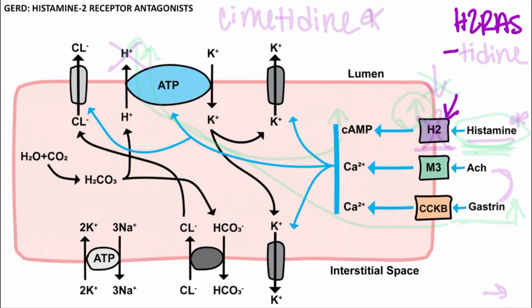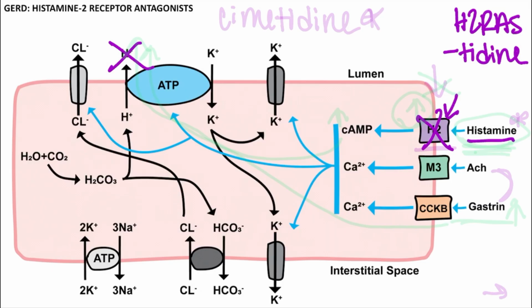So all of these agents are going to end in tidine, and they all closely mimic the chemical structure of histamine, where these agents are going to try and outcompete histamine, the endogenous ligand, for this receptor, block its binding, and then eventually prevent gastric acid secretion.